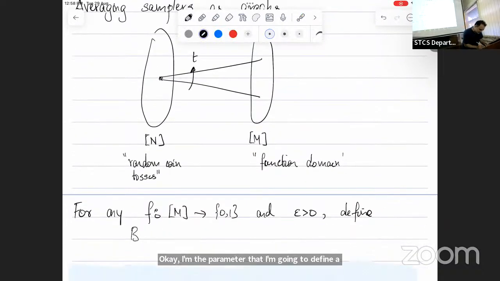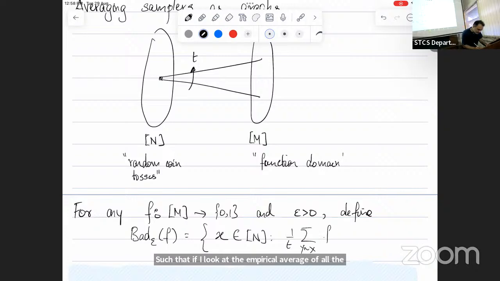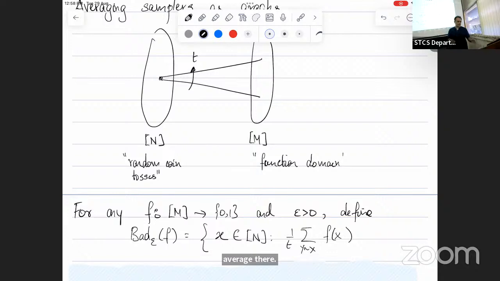So the bad set, Bad_epsilon of f, is going to be the set of all x on the left such that if I look at the empirical average of all the neighbors of x and compute f of x, this is what the algorithm would have returned had you started out with x as your random bits. It will look at the t neighbors and return the average there. I want to know that this average is bad, in the sense that it deviates from the expectation too much.